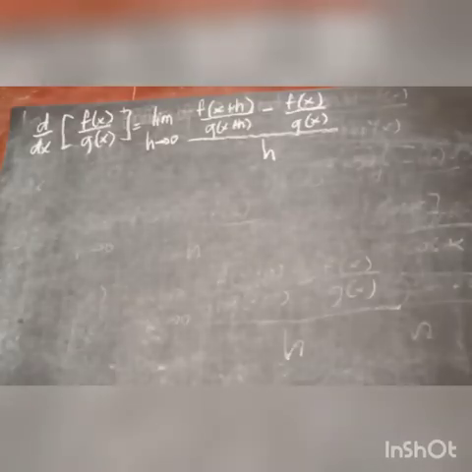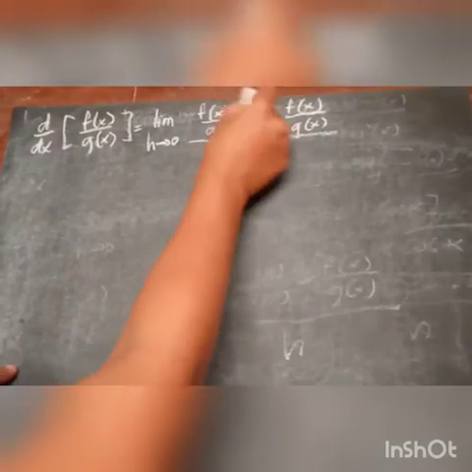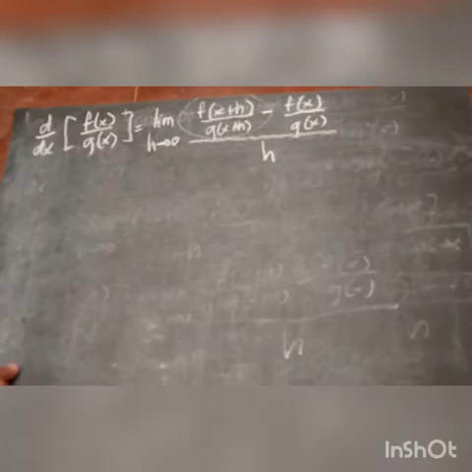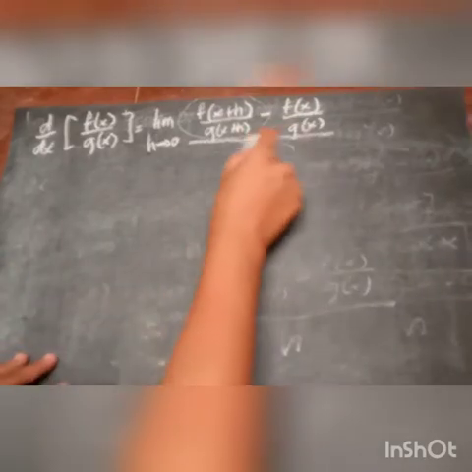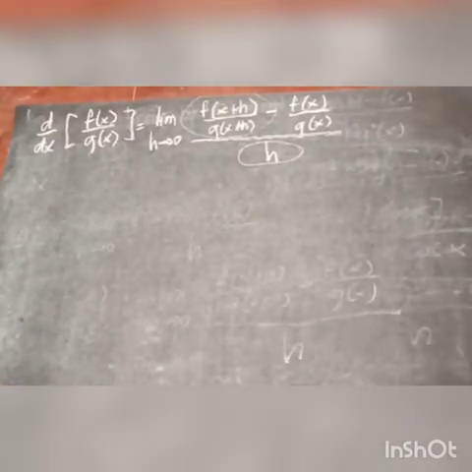In the next steps, we will perform two operations. We're going to combine the fraction in the numerator by obtaining a common denominator, then divide by h, which means multiplying by the reciprocal of h, which is 1 over h.